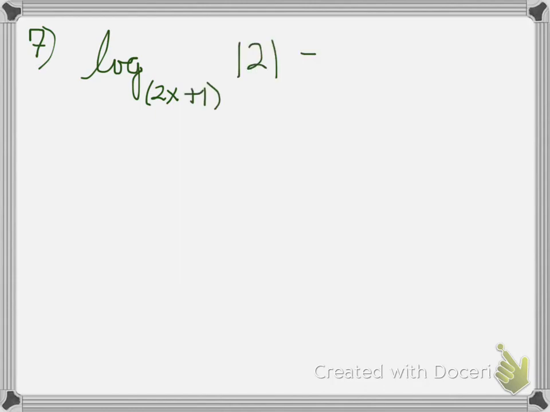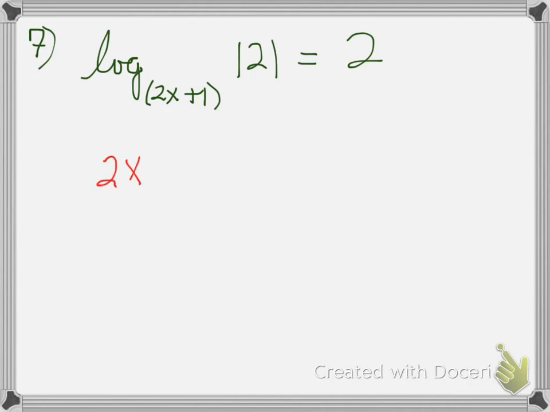And moving on to number 7. Number 7 is the log base 2x plus 1 of 121 equals 2. I'd really like to get rid of that logarithm, so let's write this as an exponent.